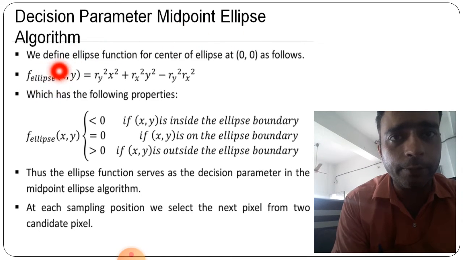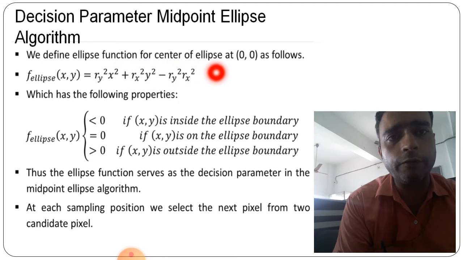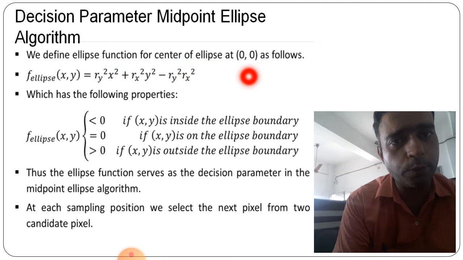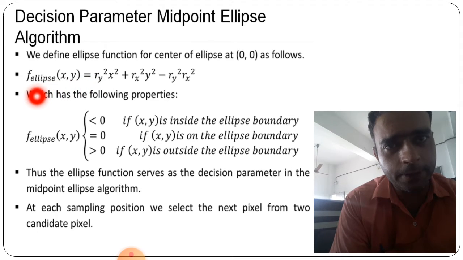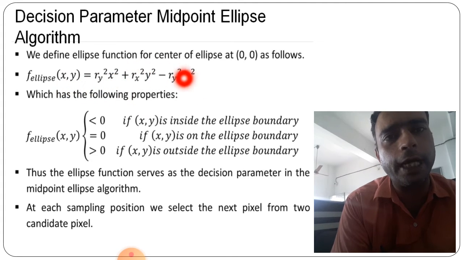So here first of all we will define the ellipse function for center of ellipse at 0 comma 0 as follows. So here f ellipse x comma y is equal to this particular formula that we have to remember.